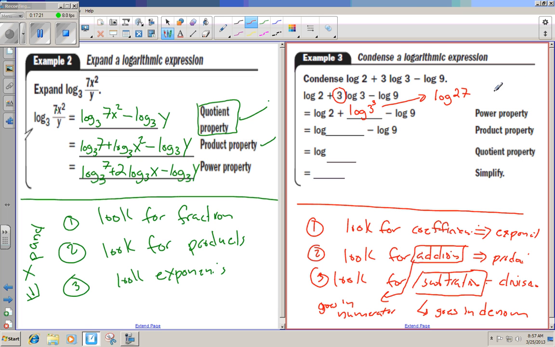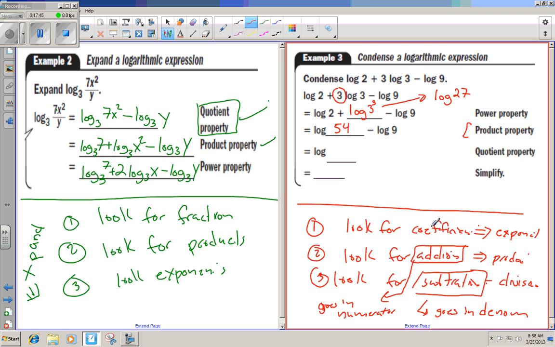All right? And so now what we're doing is taking log 2 plus log 27. In the product property, if there's addition, it means product. So 2 times 27 should be 54. So this now becomes log base 54.